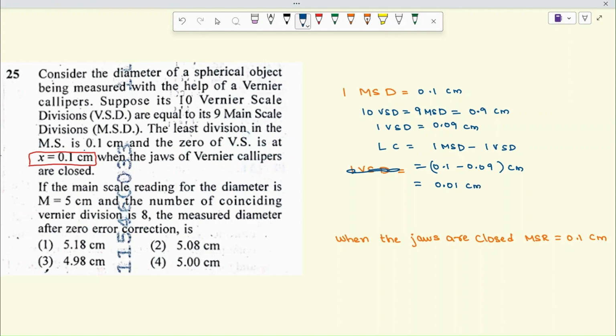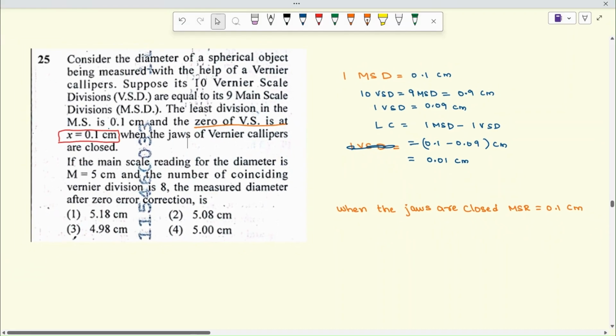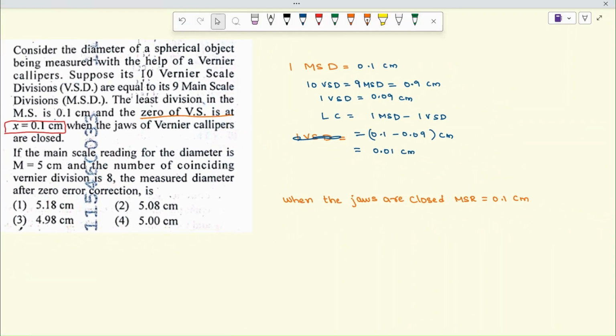And one more piece of information is provided here. Look at the question. The 0 of the vernier is at x equal to 0.1 centimeter when jaws are closed. That means there is some error in this. How much is that? In the main scale we have an error of 0.1 centimeter.